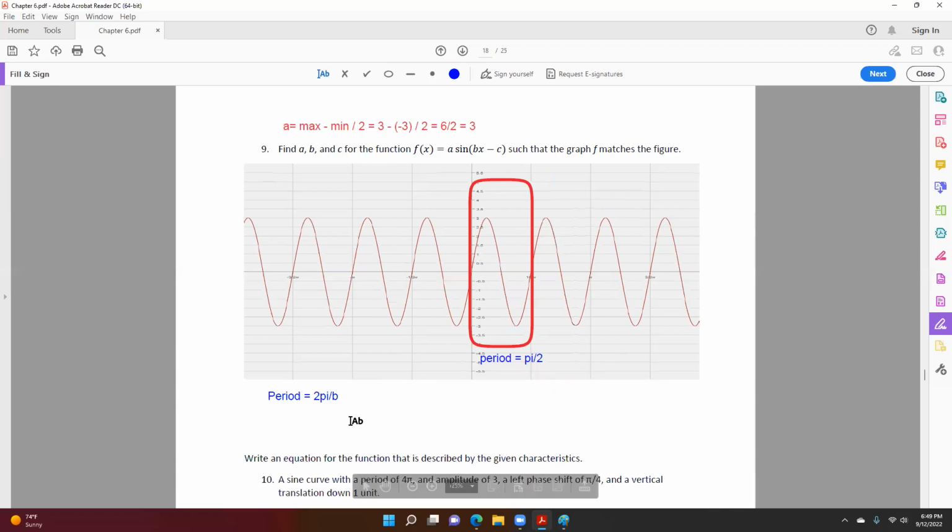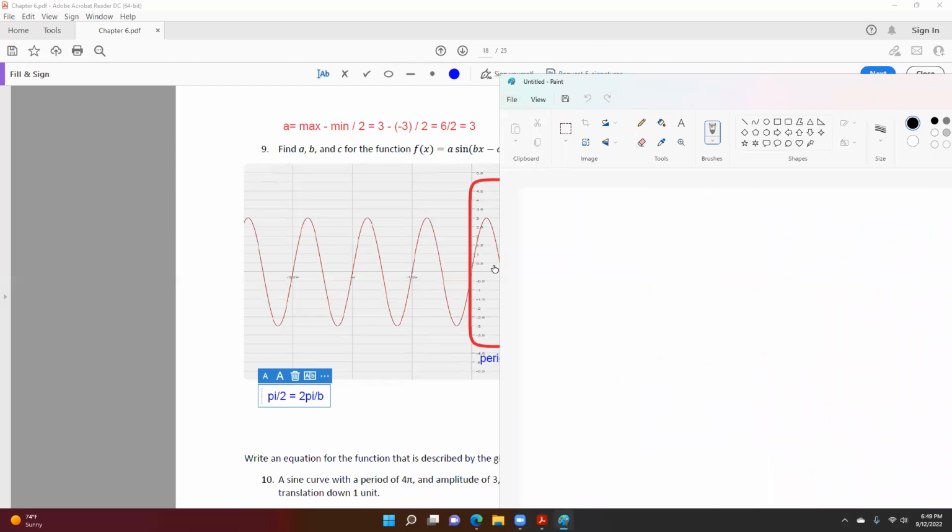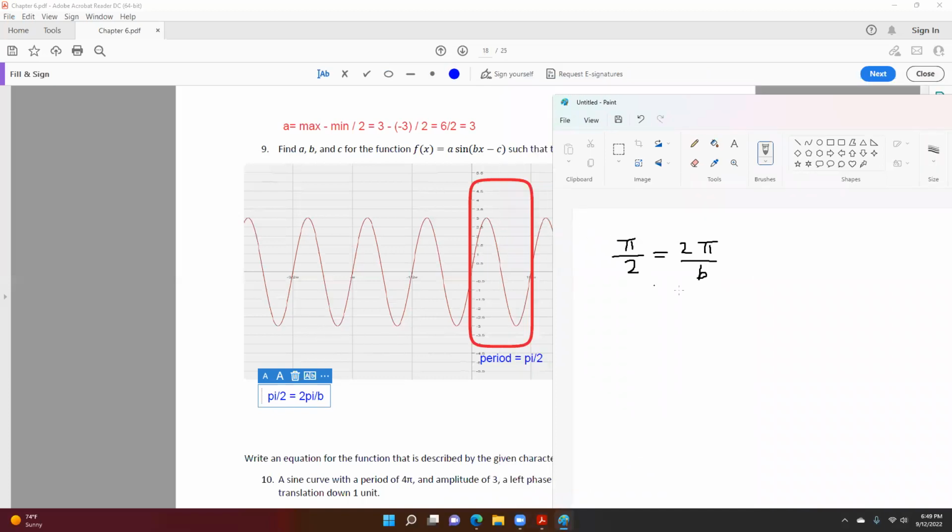Okay, so what we do here is substitute the period. Since we know the period is pi over 2, we solve for B. This is very difficult to see because it's full of all those things, so let me write it here. Pi over 2 is your period, and this equals 2 pi over B. Don't forget, our main goal here is to find A, B, C. To solve for B, we just cross multiply.